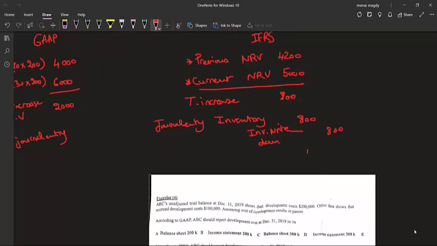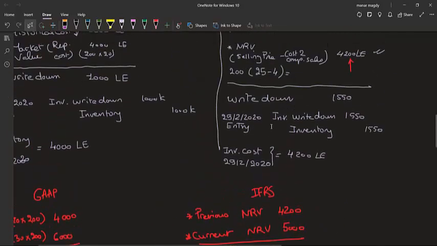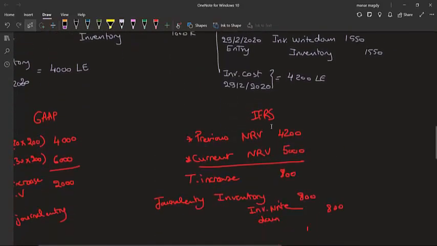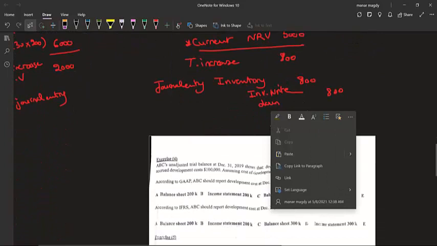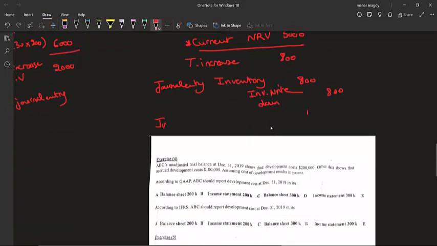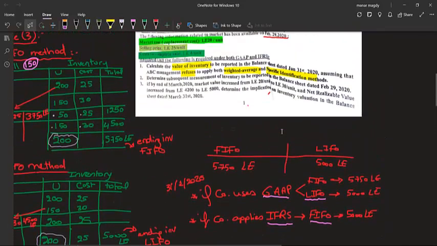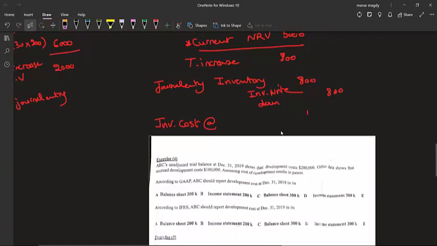So we're going to increase the inventory by 800 and decrease inventory write down by 800, and the inventory cost at March 31st equals 5,000 LE. Let's continue.